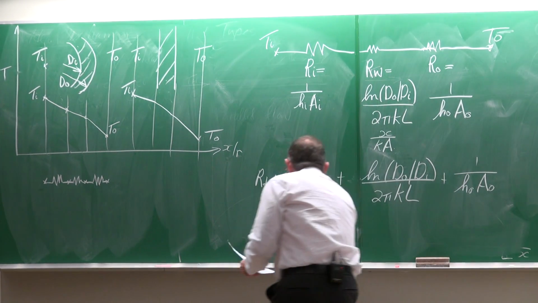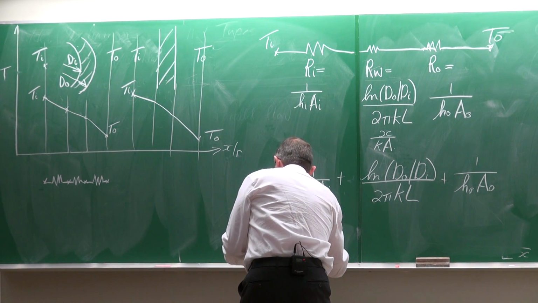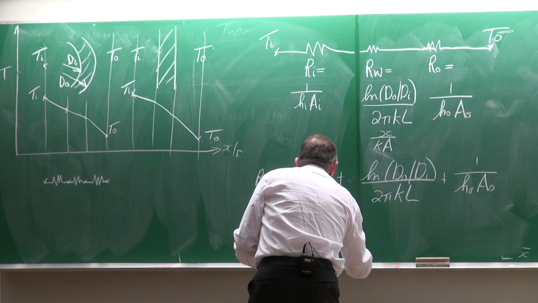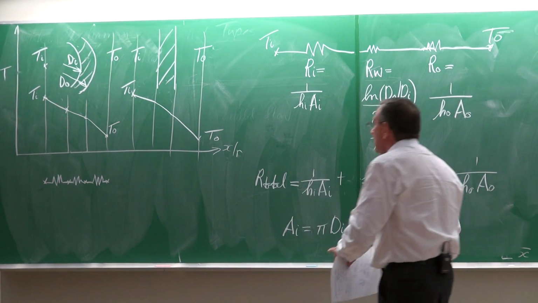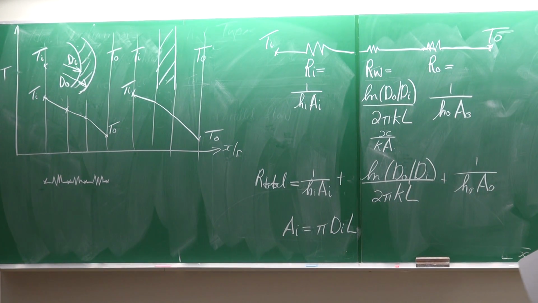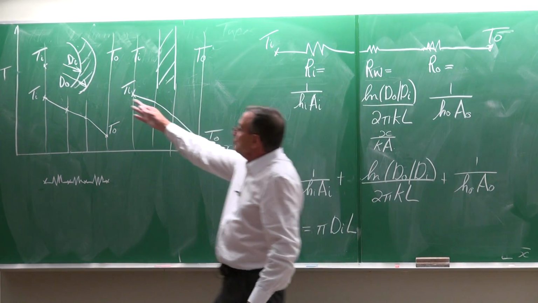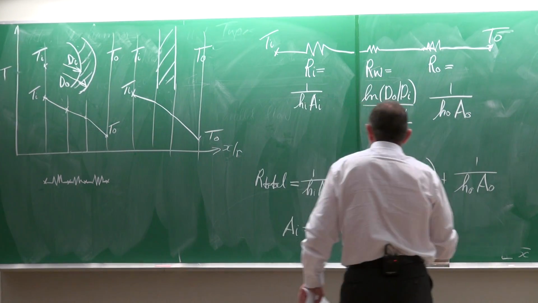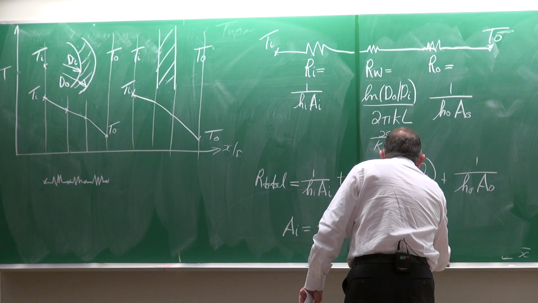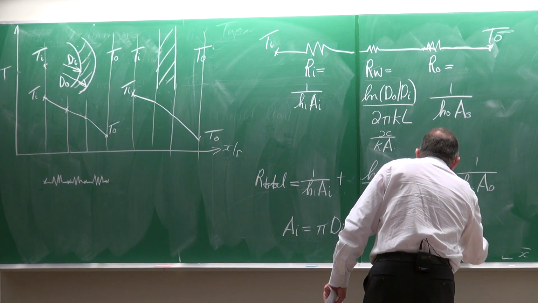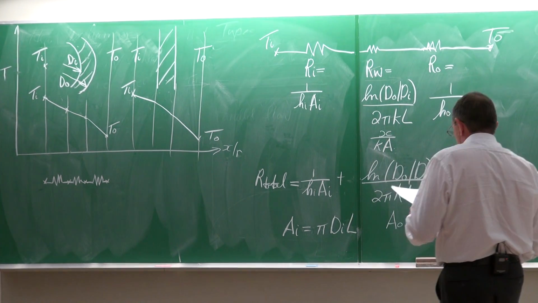Of course, the area on the inside would be equal to pi multiplied by the diameter on the inside, multiplied by the length of this tube, or the heat exchanger, while on the outside it would be equal to pi d0 multiplied by L.